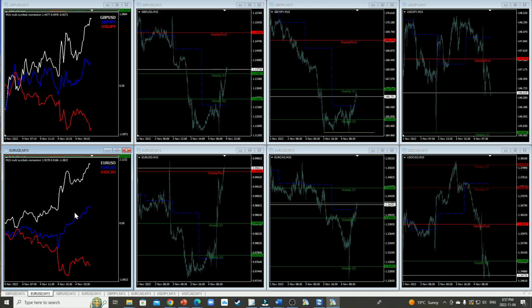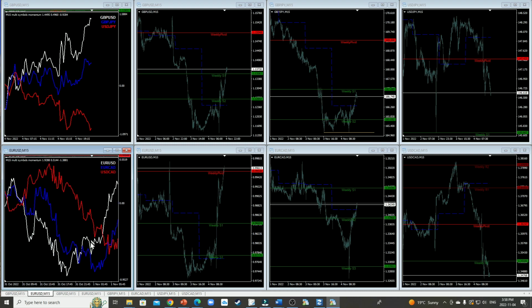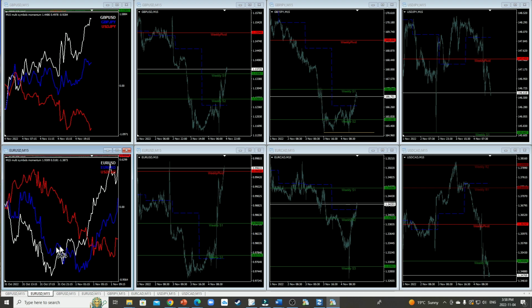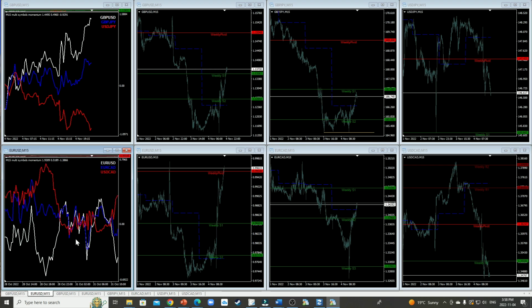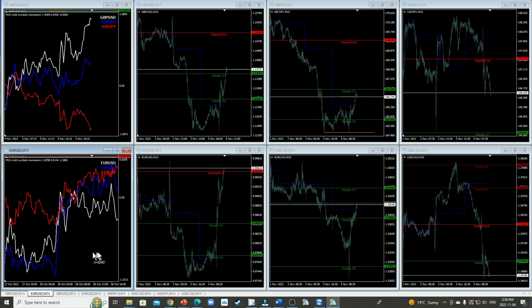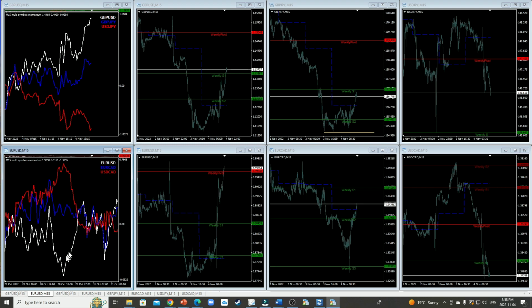Sometimes they start to move together, and this process can also be used to find moments where pairs move really a lot together, like over here. It can also be used to confirm changes in direction when these lines cross. You can use this as an indication that we're ending a trend, because the lines start to converge towards one another.